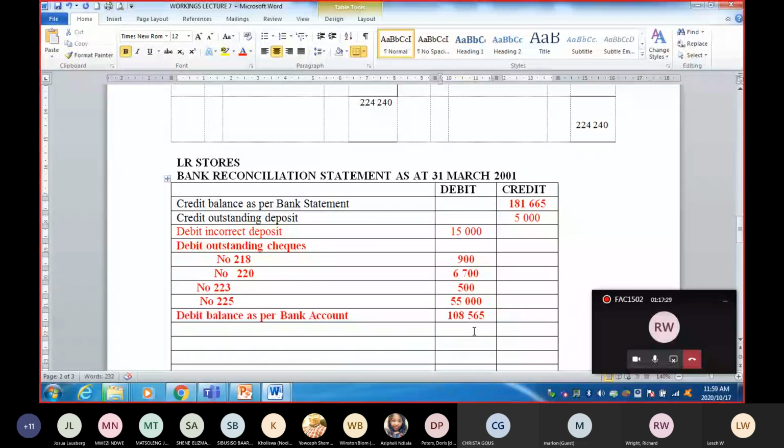You are now going to add up your debit side and add up your credit side. If you add up your debit side, you will get an amount of 186,665. And if you add up your credit side, 186,665. And you will see that your bank reconciliation statement will balance.